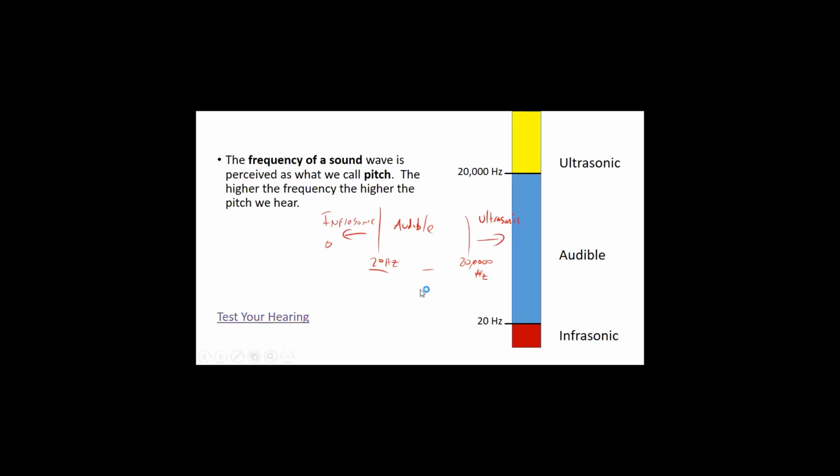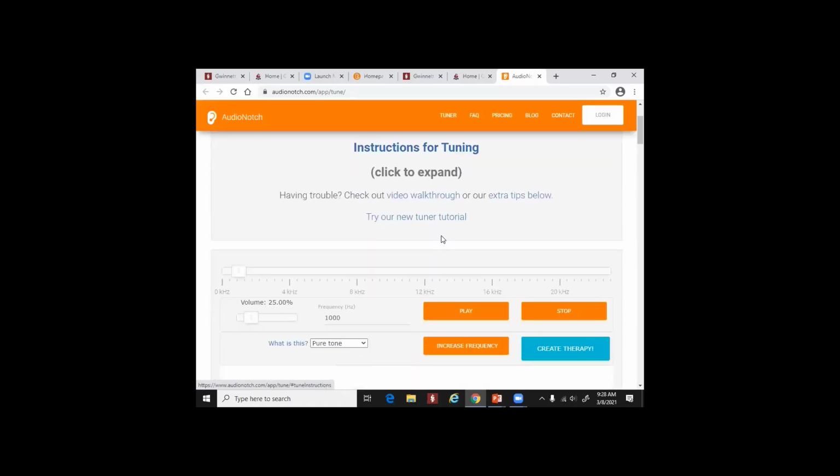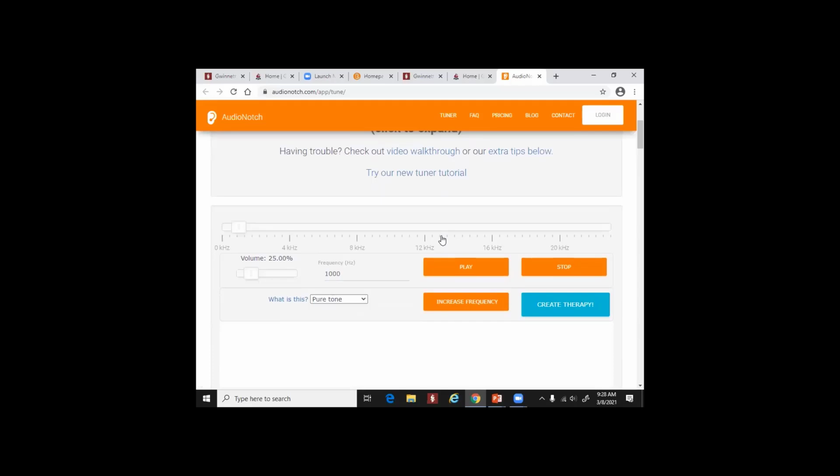Now I'll tell you right now, just a little caveat. This is only as good as your speakers are. So some of you at home might be able to hear differently than us in class. And there are two things that go into hearing. First of all, volume, and let me just go ahead and play a noise. Everybody hear that? Well, there's volume, and that is associated with amplitude, and we'll see that later on.